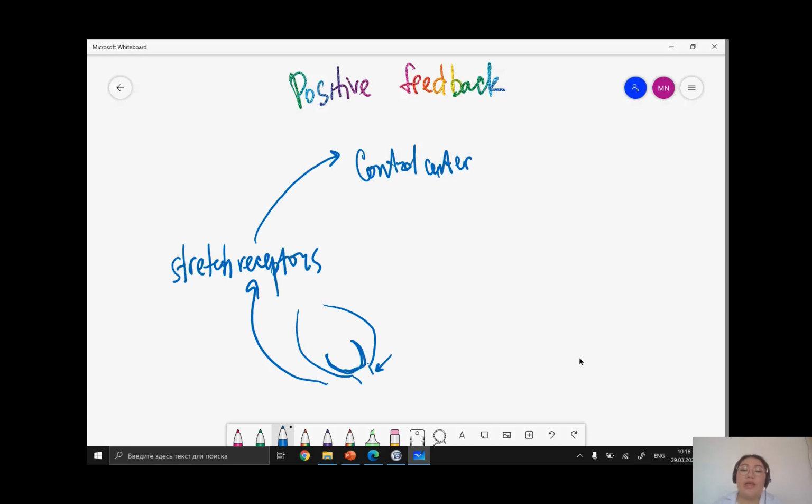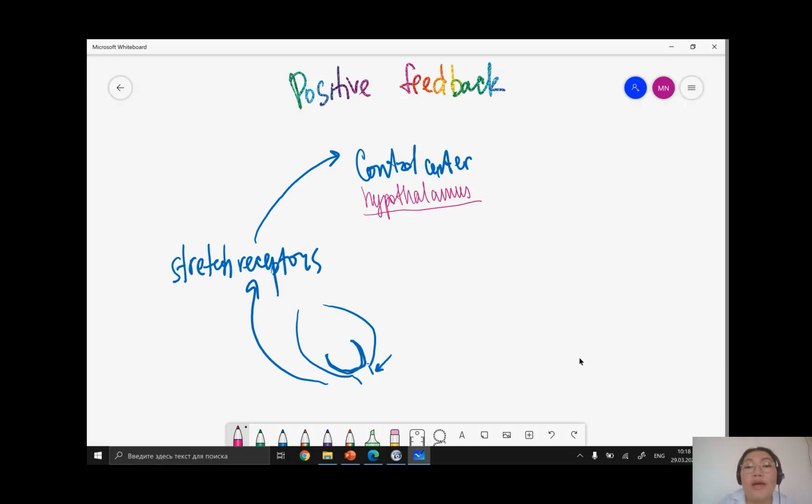In our particular case, the control center is again the hypothalamus. Why the hypothalamus? Because the uterus is made of smooth muscle tissue, and it has sympathetic innervation, and the center of this innervation of the peripheral nervous system is located within the hypothalamus.